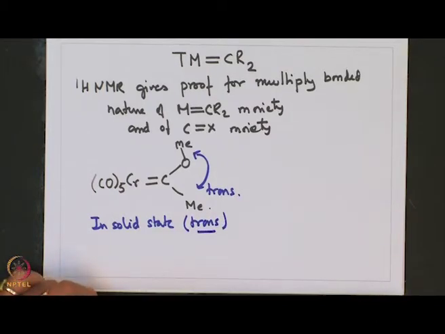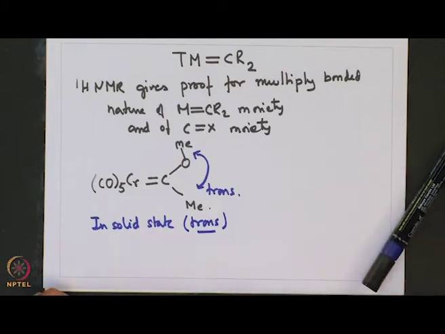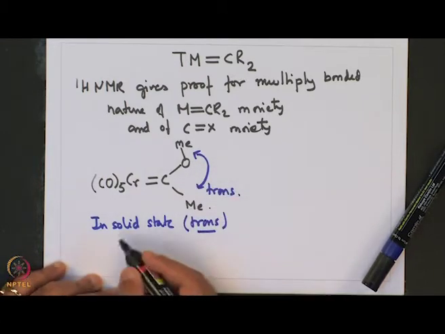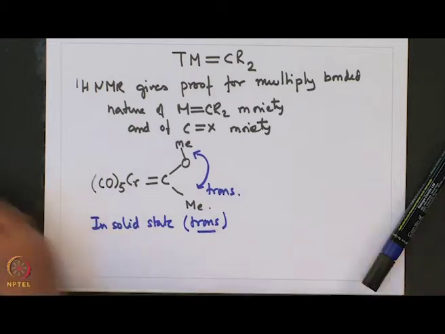The trans form prevails, and as a result, if one were to record proton NMR of these compounds, there are two types of methyl resonances.